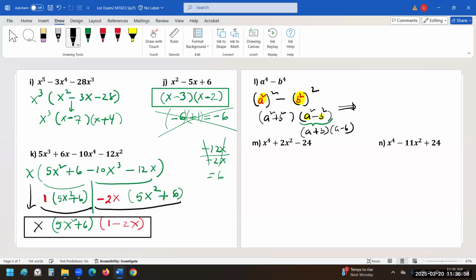That gives us our final product: a squared plus b squared, which is prime, and then the 2 factors from a squared minus b squared. So for the fourth power, this one has 3 factors.